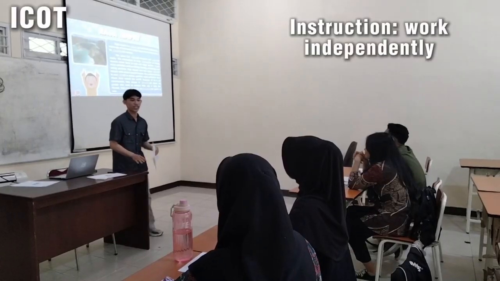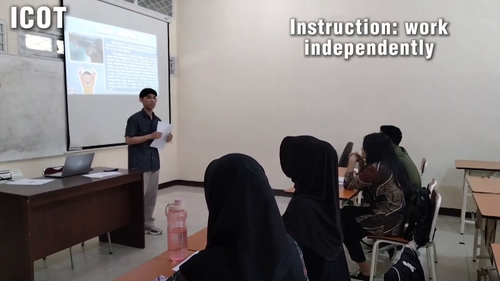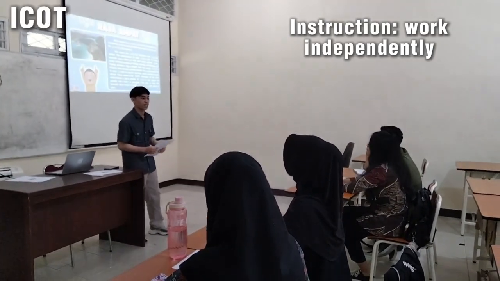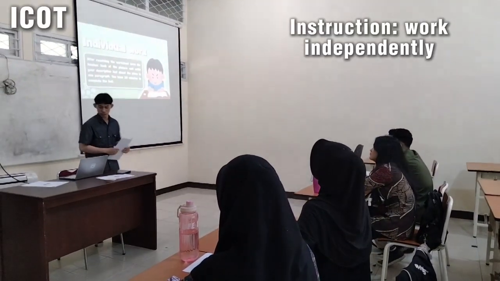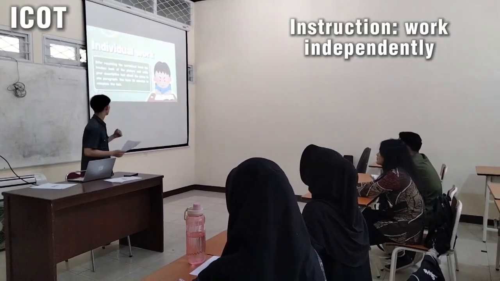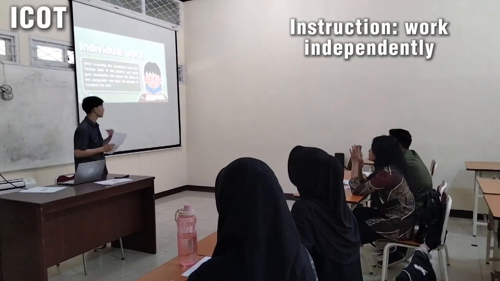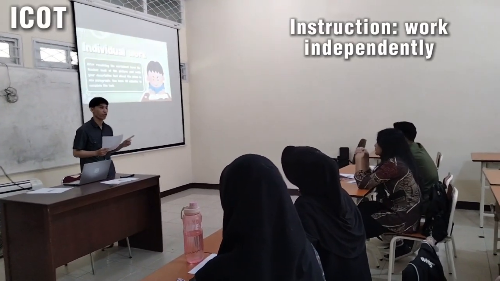So after working with your group and your partner, now it's time for you to do individual work. After receiving the worksheet from me, the teacher, you have to look at the picture and write your descriptive text about the place in one paragraph only.